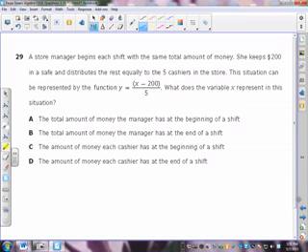Okay, let's see. All right, so a store manager begins a shift. She keeps $200 in a safe, and she distributes the rest equally to 5 cashiers. What does X represent?